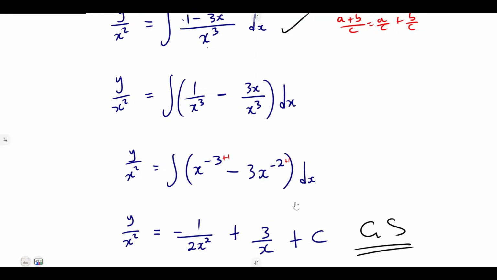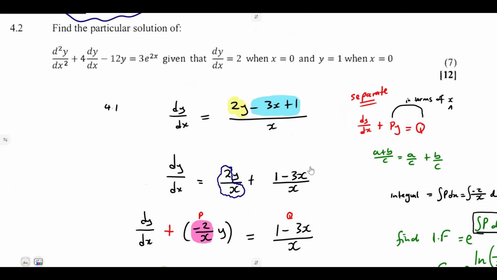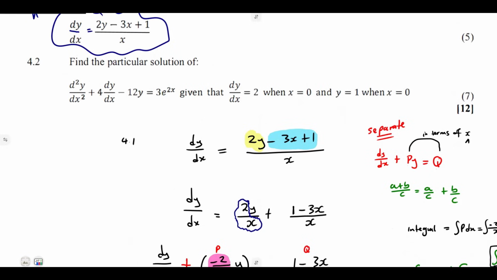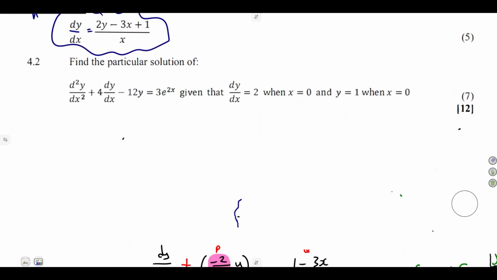Let us consider the second question on our differential equations. On the second part, 4.2, which was a 7-mark question, find the particular solution. This time the constants have to be calculated if there are any constants.